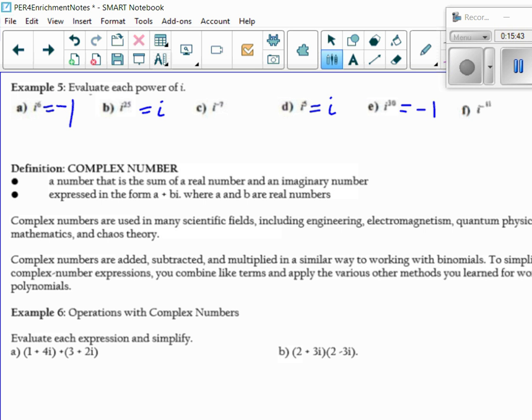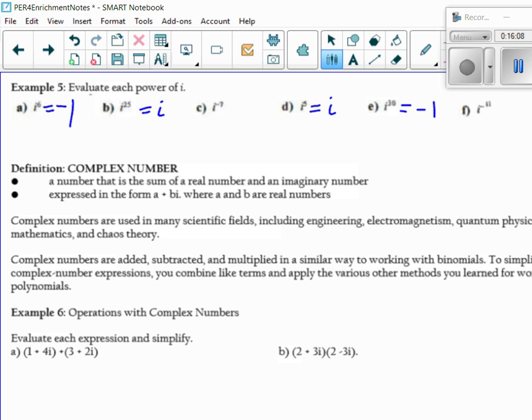Complex numbers are added, subtracted, and multiplied in similar ways to working with binomials. To simplify complex number expressions, you can combine like terms and apply the various other methods you've learned for working with polynomials. So, for instance, i plus i would give you a... Stop it. If I said x plus x is x squared, no. It would be 2x.